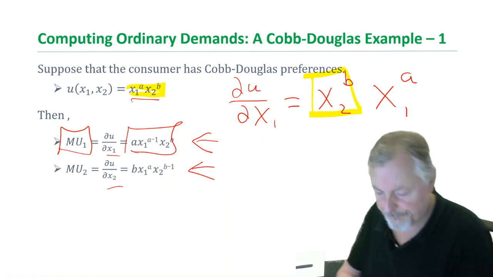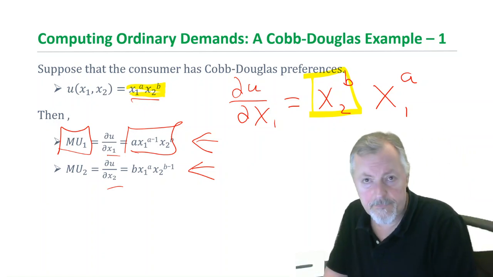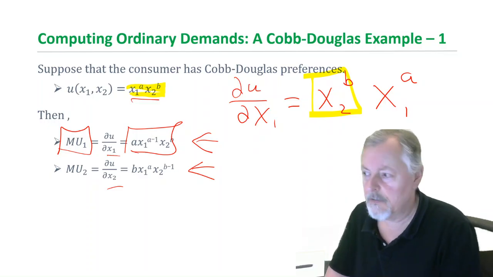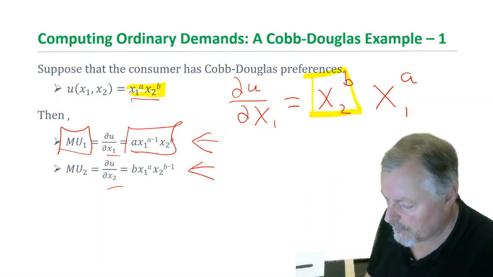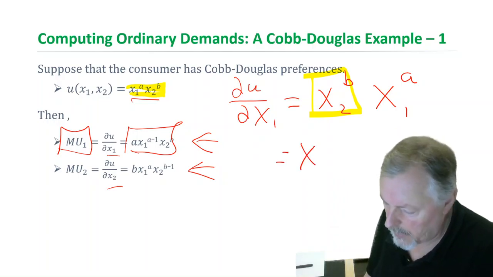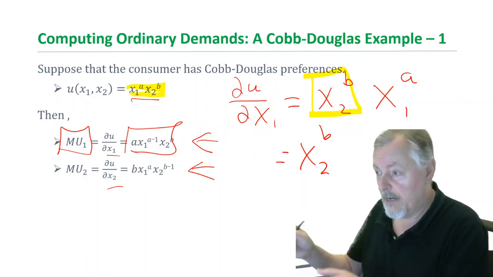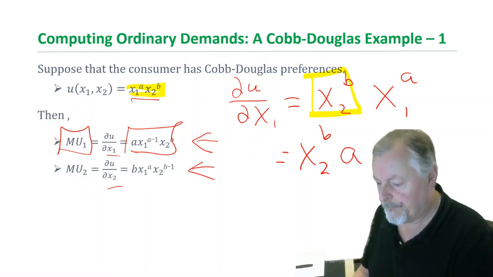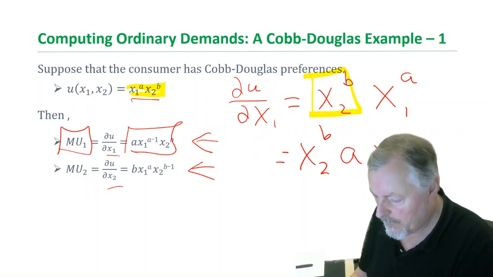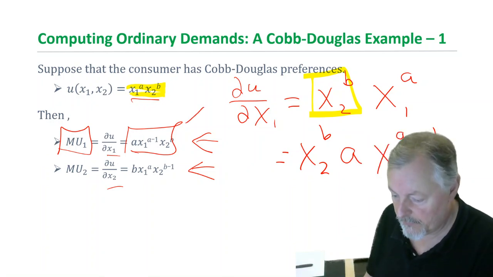That's a constant. So what is the derivative of some constant times x to the A power? It's that constant. Now for x to the A power, we bring the A down, so it'd be A, and then x1 to the A minus 1. And that's the same as you have there, although it's reversed.